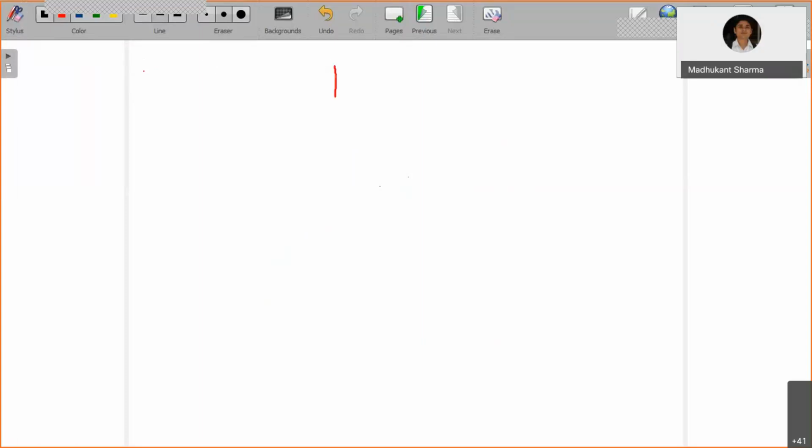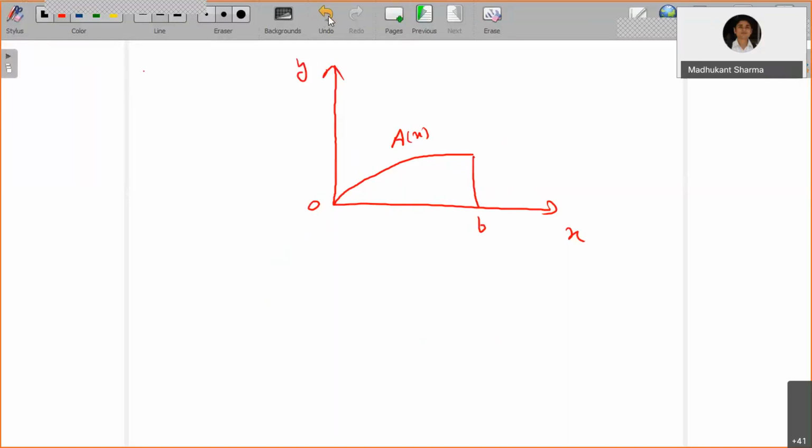So what is happening is, you have the xy plane, and let's assume this is the curve A of x, because we want to consider the rotation about the x-axis, and this is 0, and let's say this is B. Let's say this is some curve given by f of x.